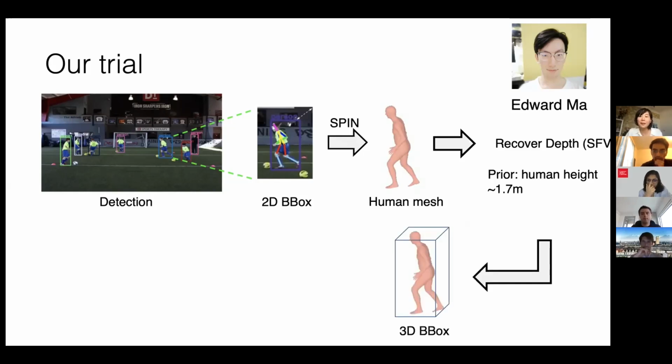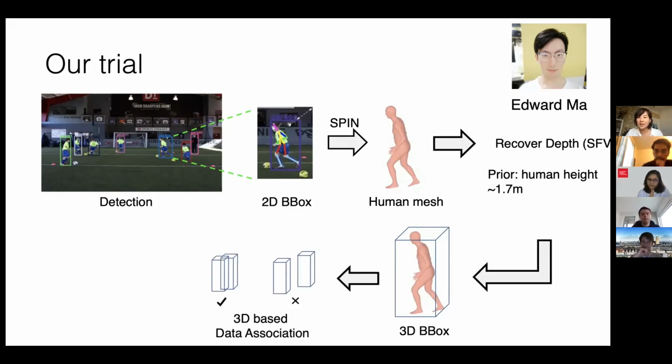Now that you have their Z's, you can draw a 3D bounding box on top of the people and use this as an association term: are they actually overlapping in 3D also and not just 2D? Then use this as an additional metric and send it to some kind of tracking algorithm to associate this. So that was the idea.